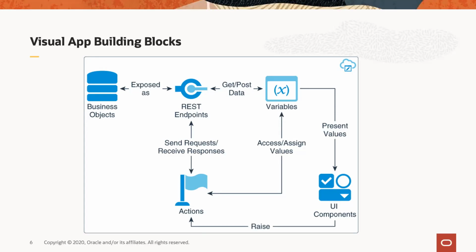We're supporting the web component standard. Those components get their values from variables that you define in the page. In the page, you can have multiple variables, and the component binds to the variable and shows the data from it.